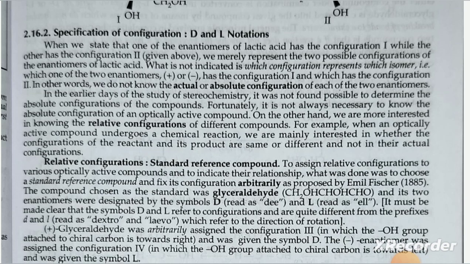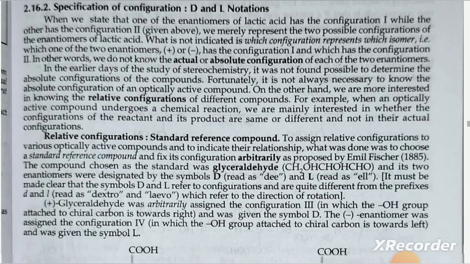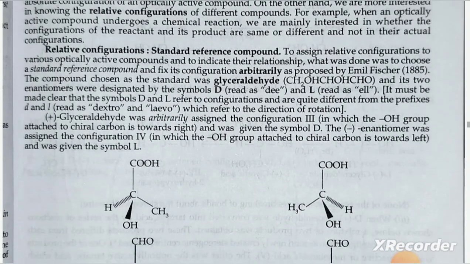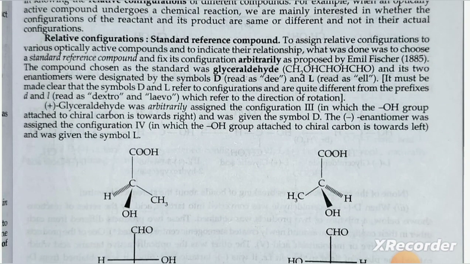Relative configuration, standard reference compound. To assign relative configuration to various optically active compounds and to indicate their relationship, what was done was to choose a standard reference compound and fix its configuration arbitrarily.